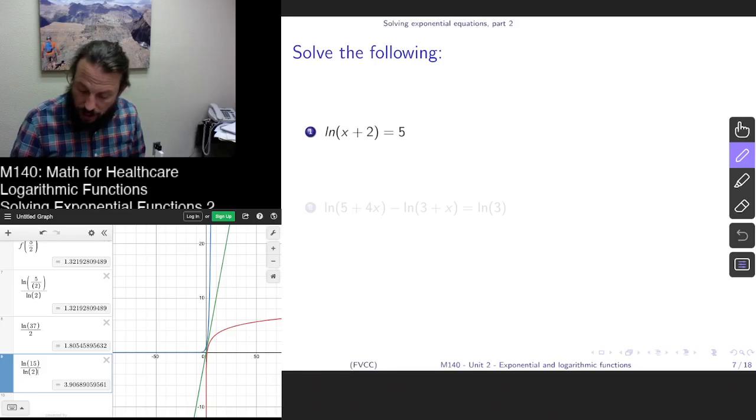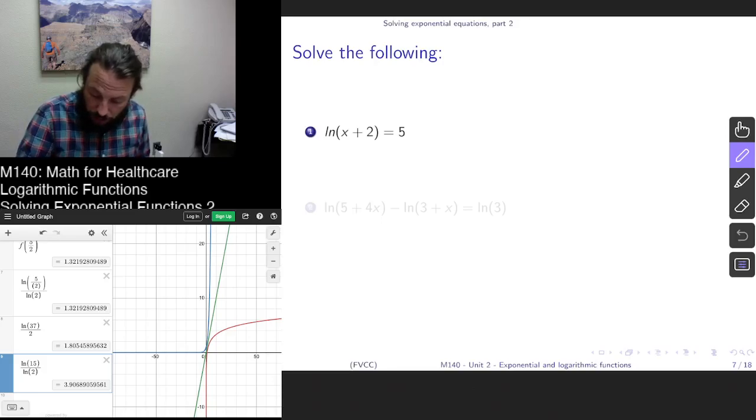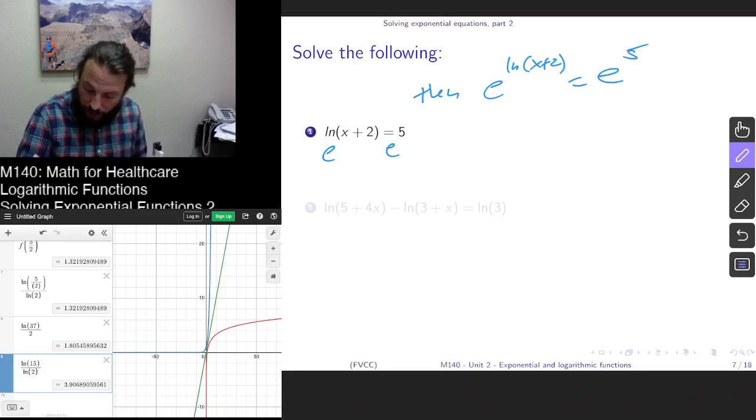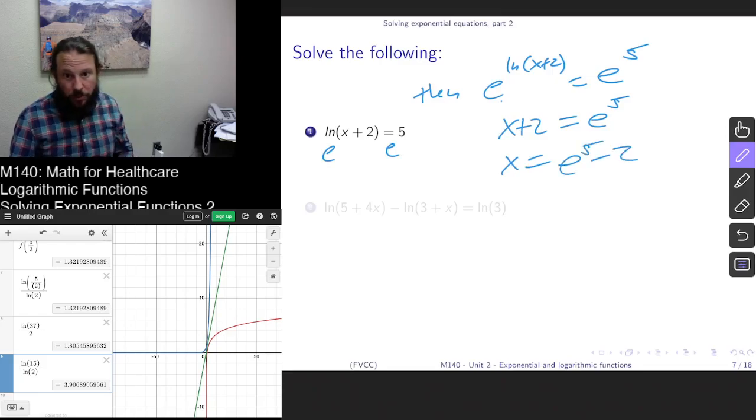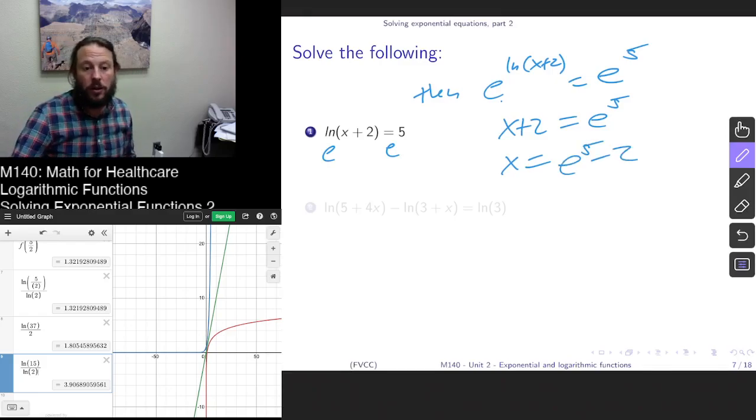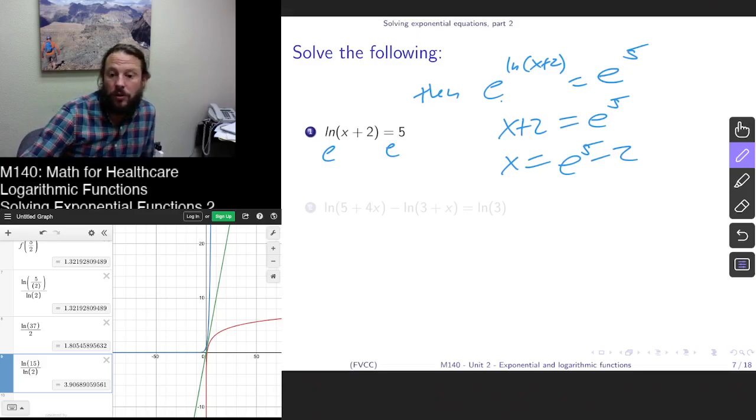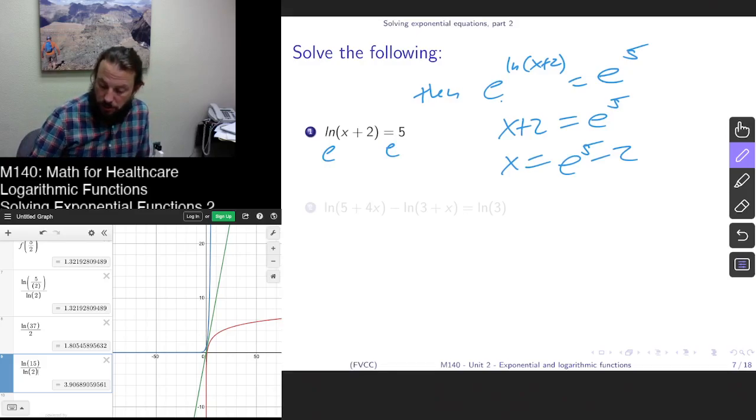If these two are equal, then e to the natural log of x plus 2 has to equal e to the 5th. These undo each other, leaving x plus 2 equal to e to the 5th, and x then equals e to the 5th minus 2. You could plug that in and get a decimal if you want. It's not worth it for us to do it here. We'll do it on the application problems.